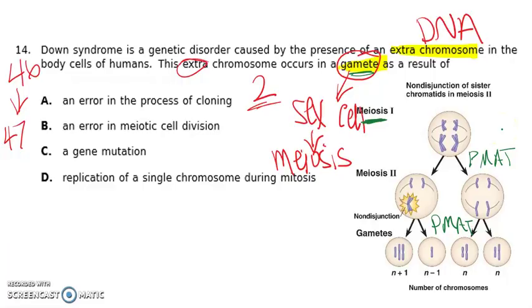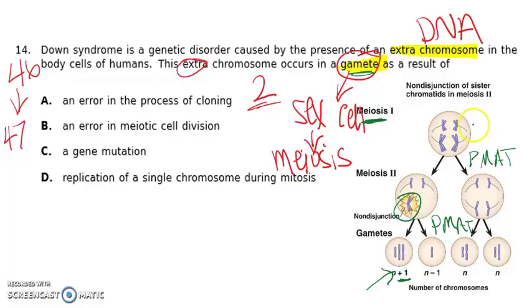So it is possible that sometimes, instead of properly separating in anaphase, instead of the homologous chromosomes being separated evenly, you can see right here both sides of the chromosomes, the sister chromatids, are pulled to a single side. So when we do that final split of cytokinesis, we end up with a cell that has an extra chromosome.